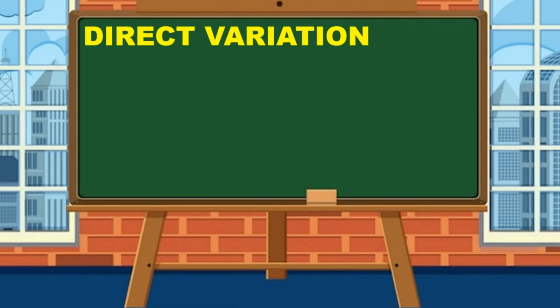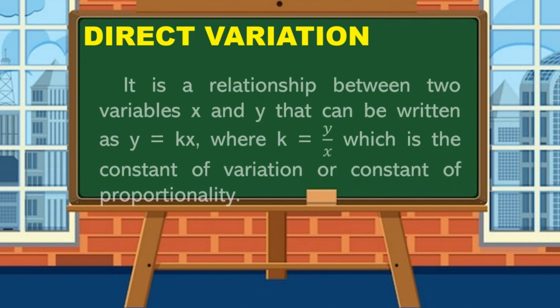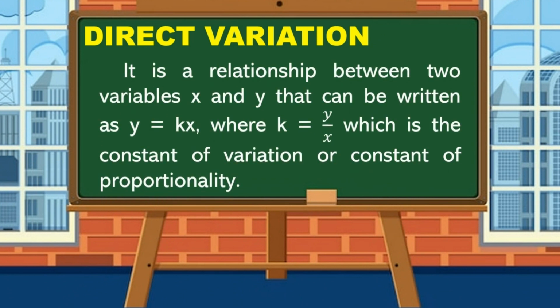What is direct variation? Direct variation is a relationship between two variables x and y that can be written as y is equal to kx, where k is equal to y over x, which is the constant of variation or constant of proportionality.